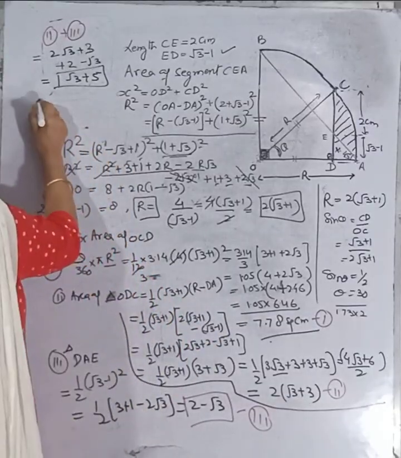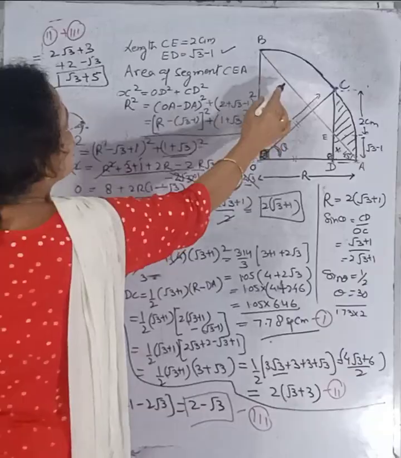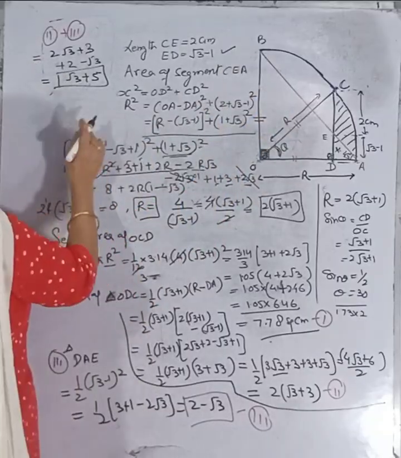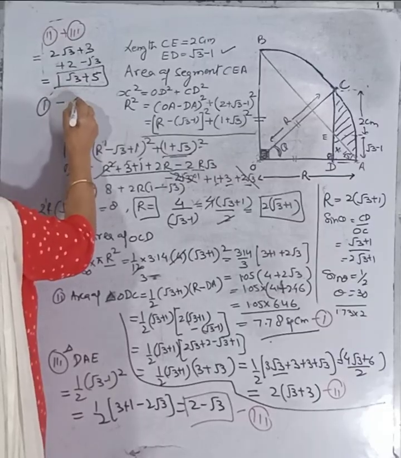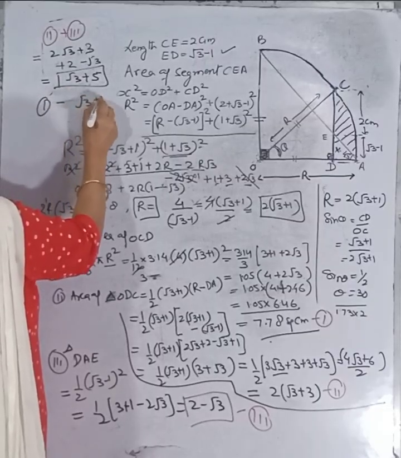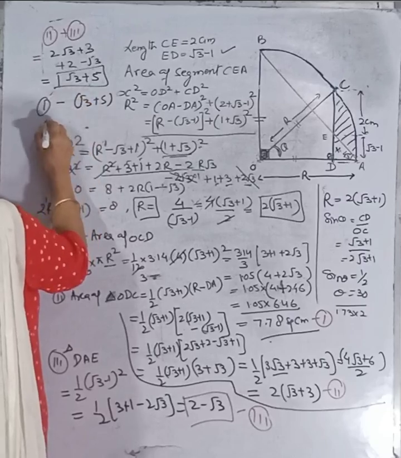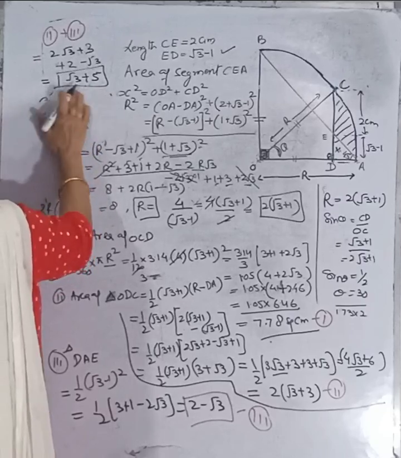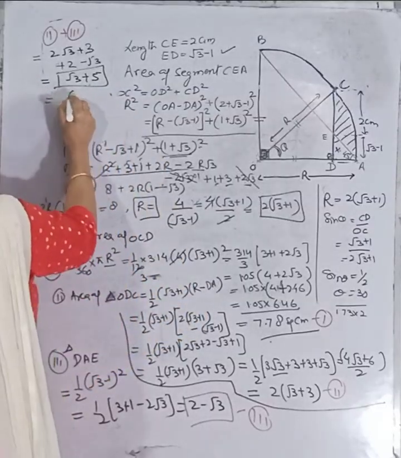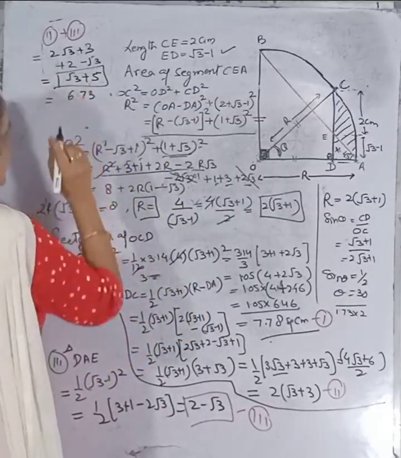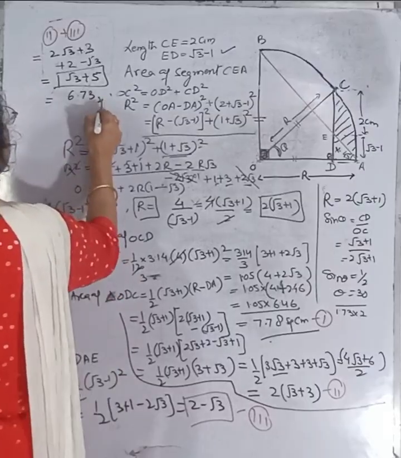Answer is area of this will be equal to first minus this addition. Root 3 plus 5. The value of root 3 plus 5 will be equal to, after putting the value of root 3 is equal to 1.732, it is 6.732. 6.73 SQCM.